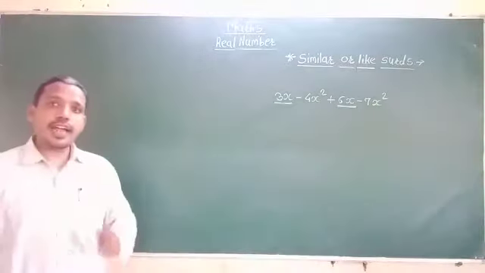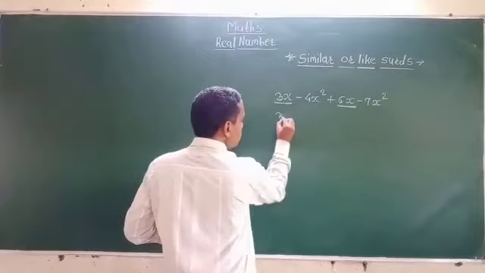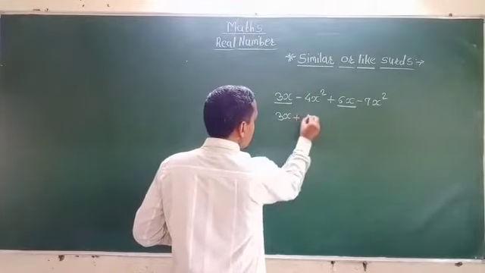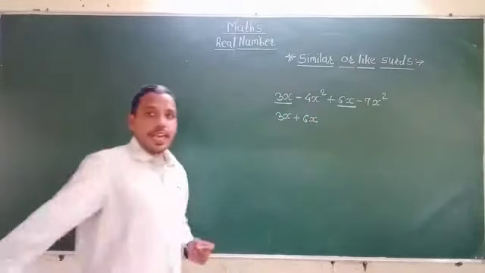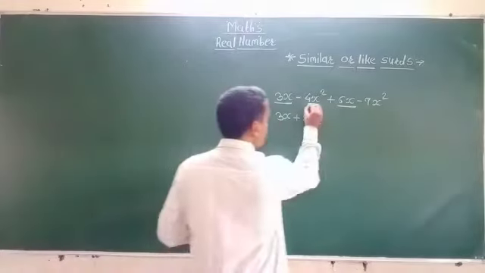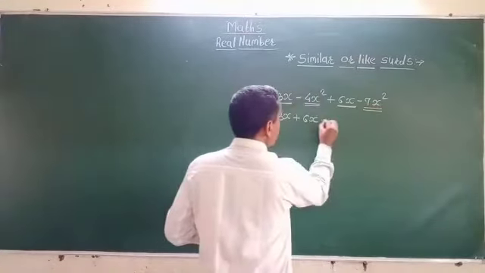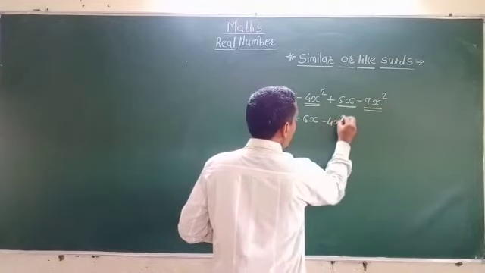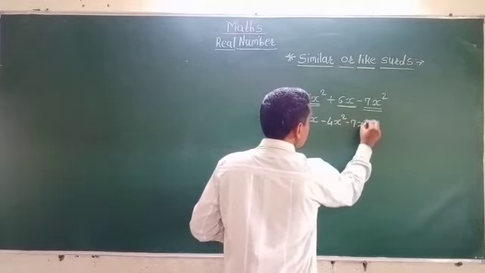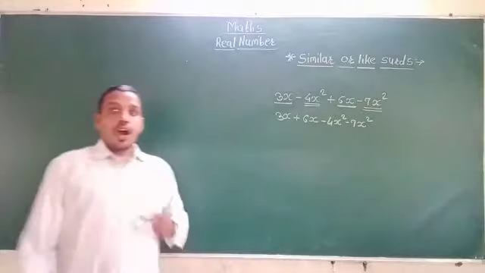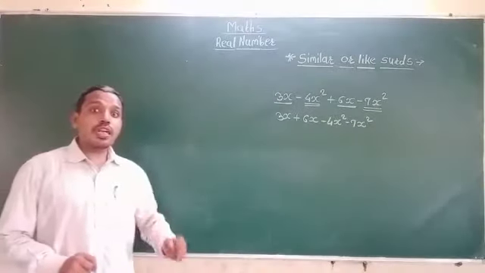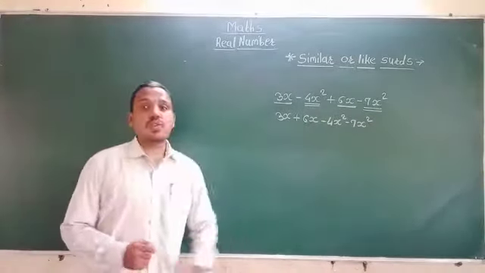The addition can take place between them. So 3x plus 6x, and then after them 4x square and 7x square: minus 4x square minus 7x square. How can we rearrange that equation in this way?